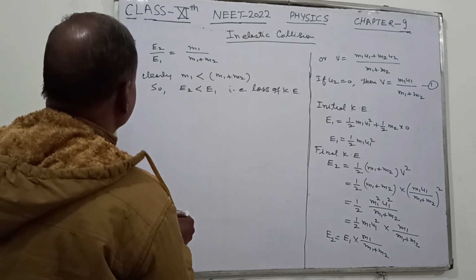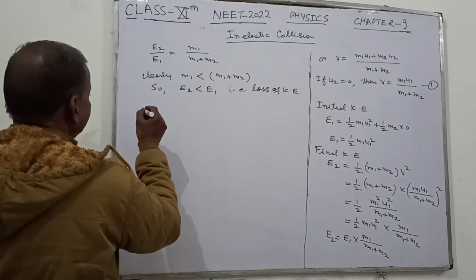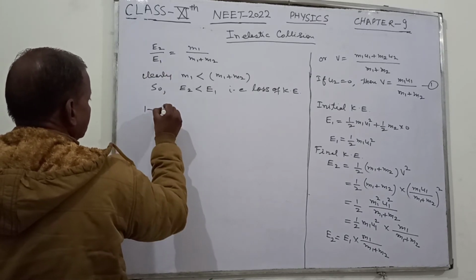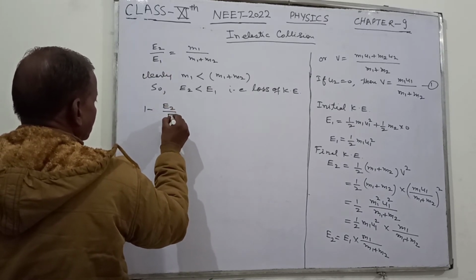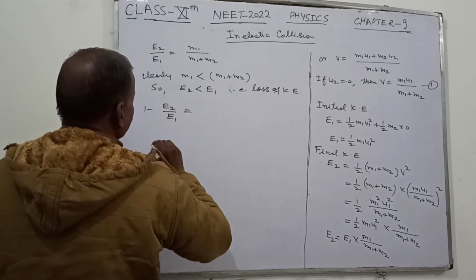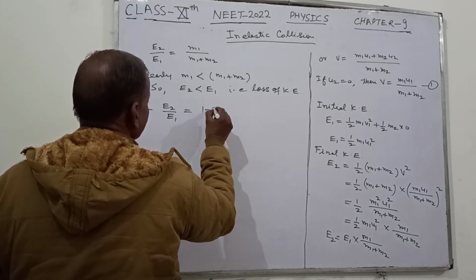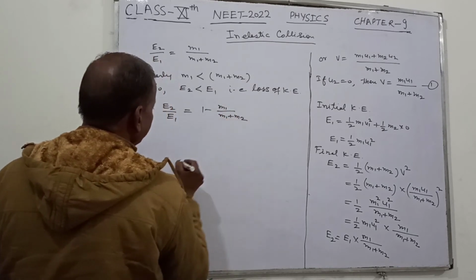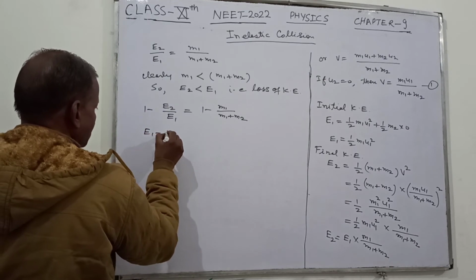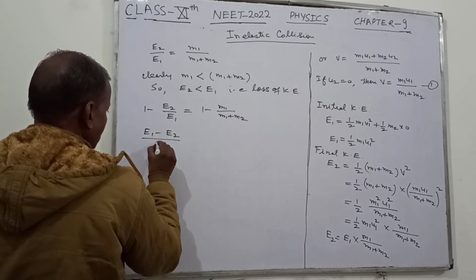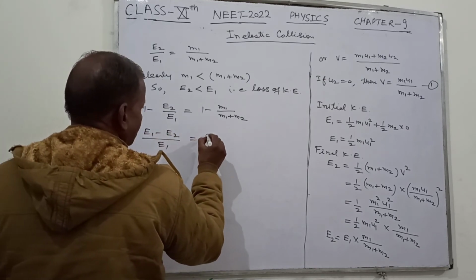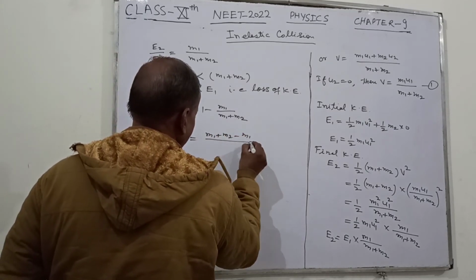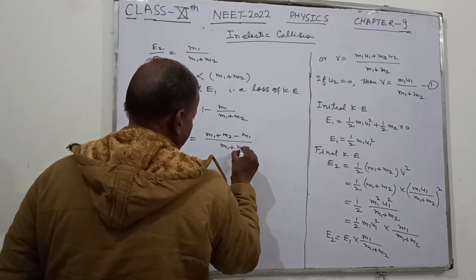Now for the loss in kinetic energy, we can write 1 minus E2 upon E1 is equal to 1 minus m1 upon m1 plus m2. So E1 minus E2 upon E1 is equal to m1 plus m2 minus m1 upon m1 plus m2.